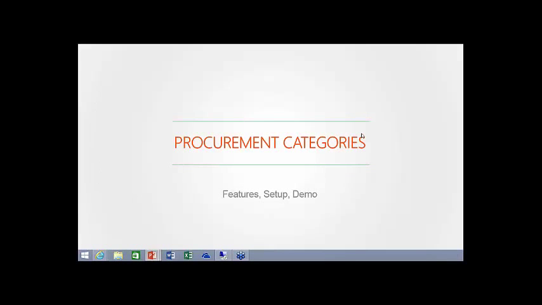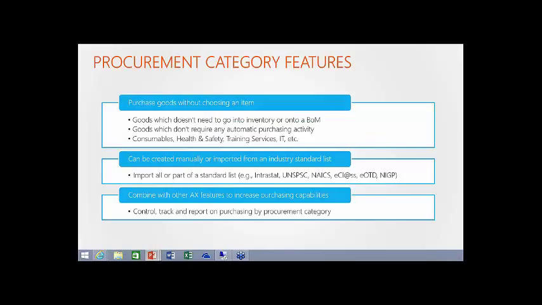Okay, so carry on to this. One of the really interesting features of procurement categories is that if you want to purchase things that don't need to go into your production cycle, so they don't need to be tracked, or you don't need any sort of automated purchasing set up for them, you just want to buy them, then you can purchase against a procurement category.